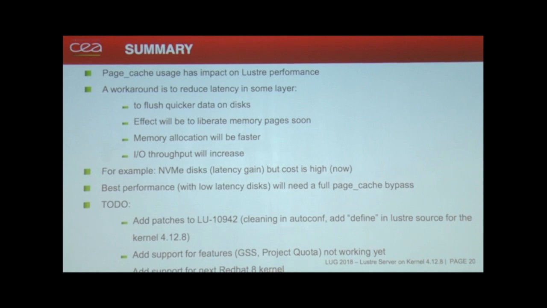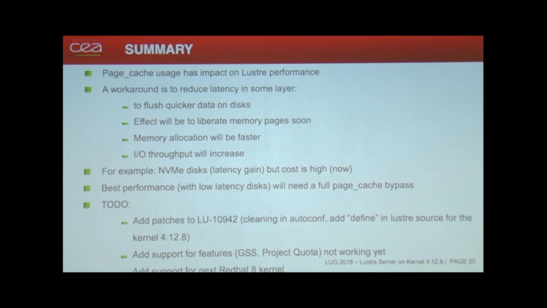The conclusion. What we can say is that the page cache mechanism has, of course, impact on Lustre performance. We have seen that if we reduce the latency, for example, by using the no-op I/O scheduler, we can gain in throughput, of course.